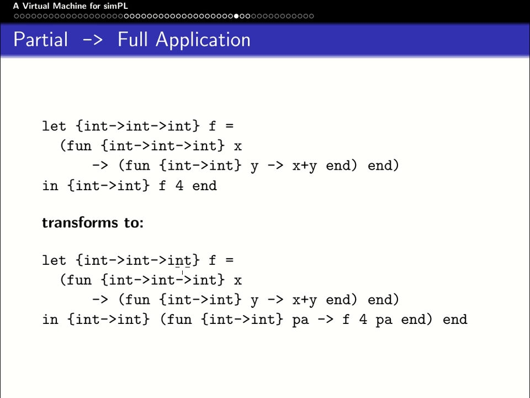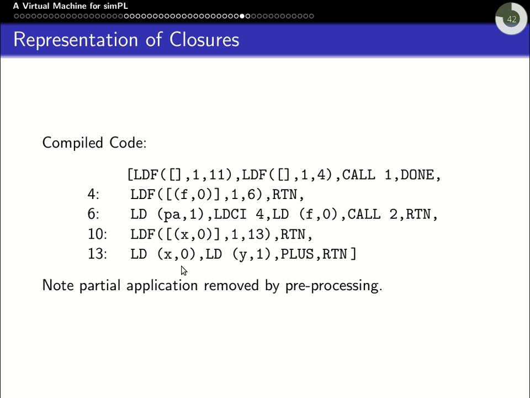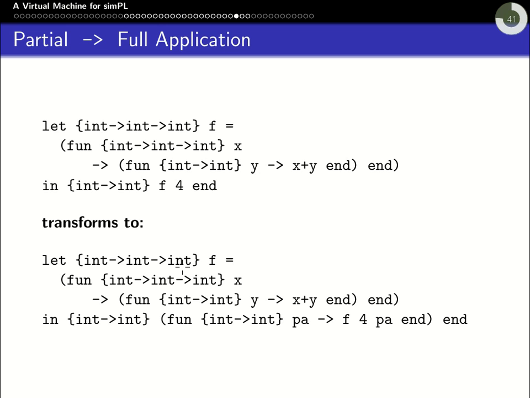Oh, okay, because what happens here is that it's not clear from the outset that the result is going to be a function. So the result of this is a function, right?